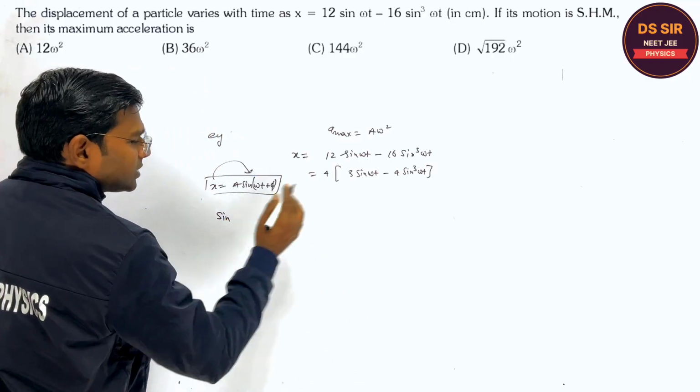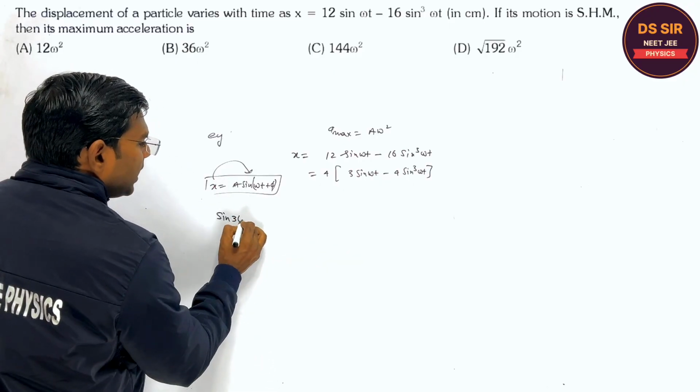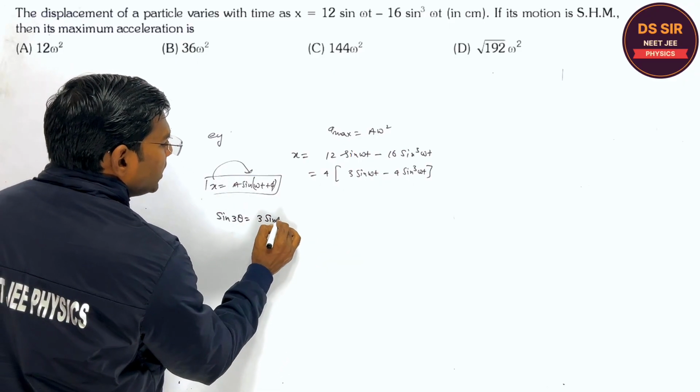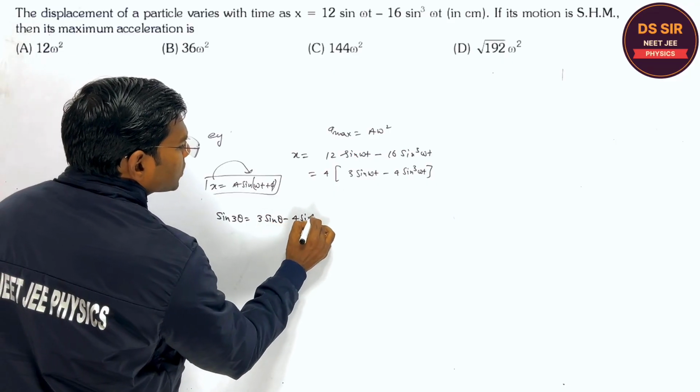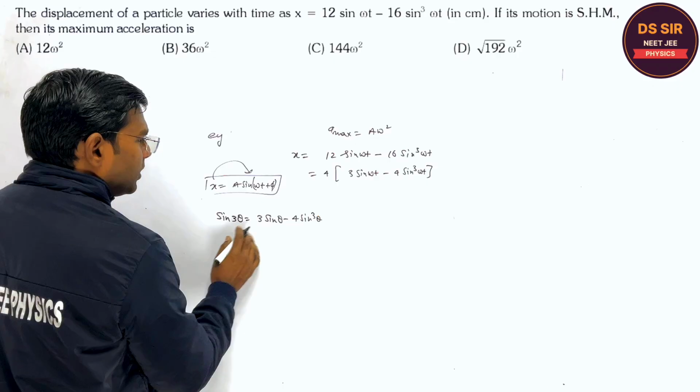Yes, sine 3 theta is equal to 3 sine theta minus 4 sine cube theta. If you put theta equal to omega t over here.